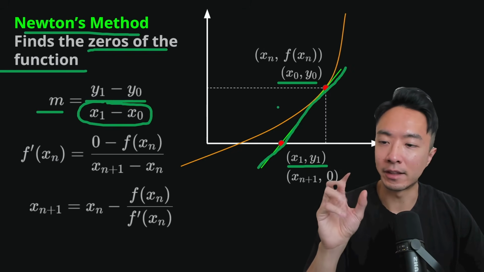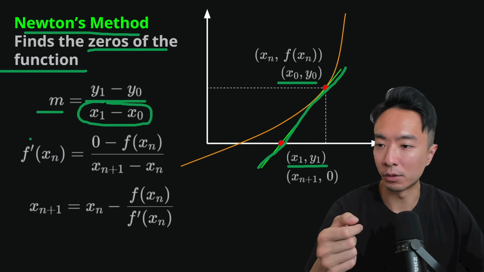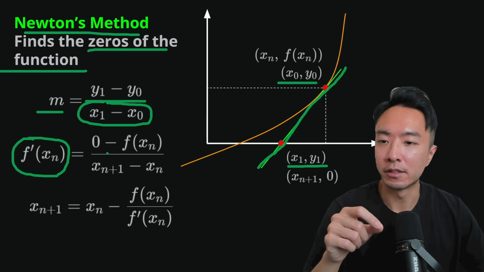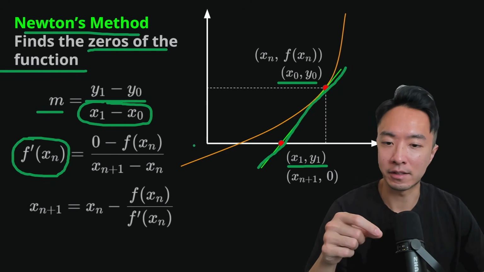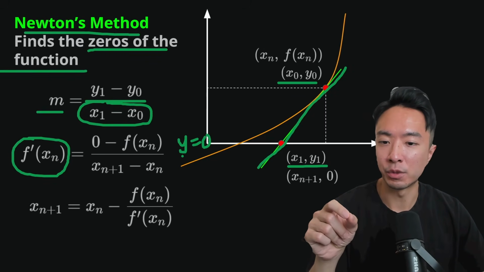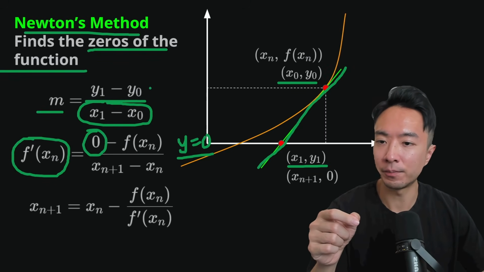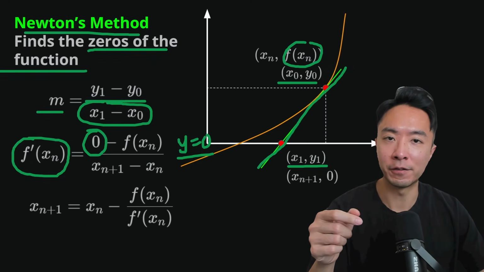We know that the slope is also the derivative, right? So we call this f prime of x of n. If we plug in the values, at y1, this is going to be at the x-axis where we have y equals 0. So this is where this 0 is from. And y0, we're calling more generically f of x of n.